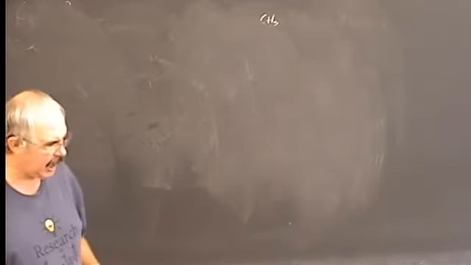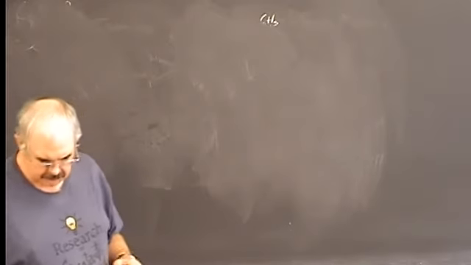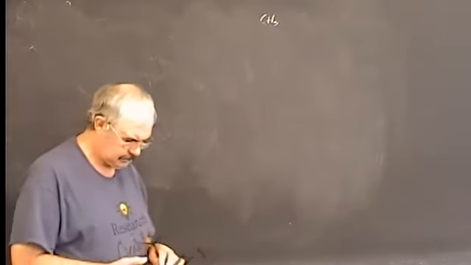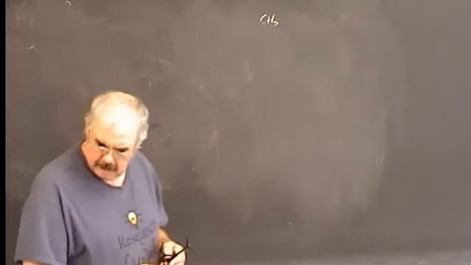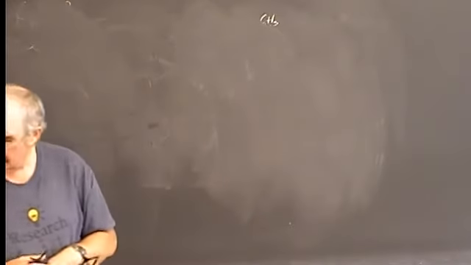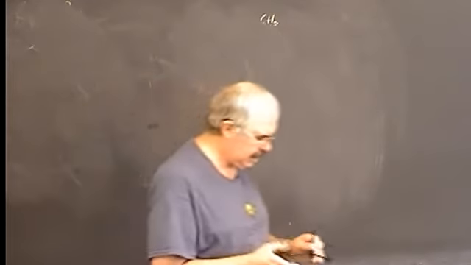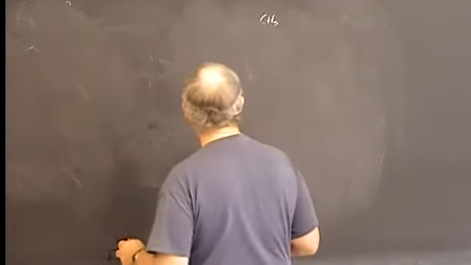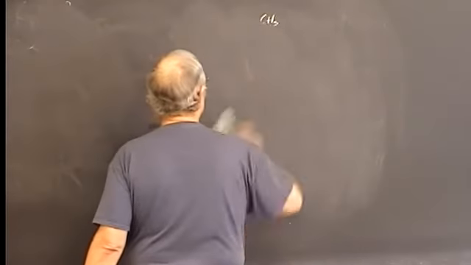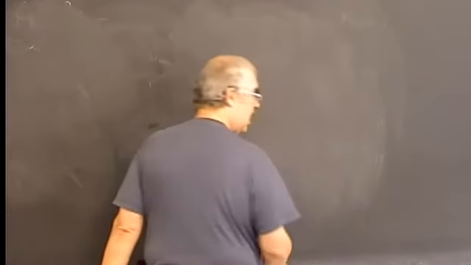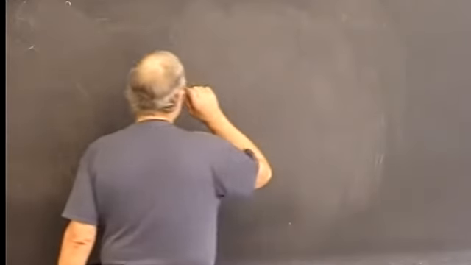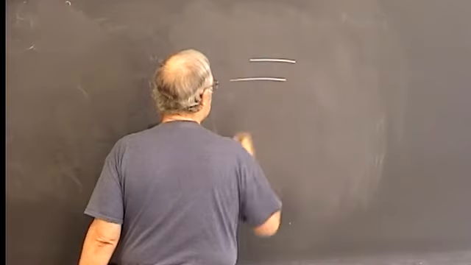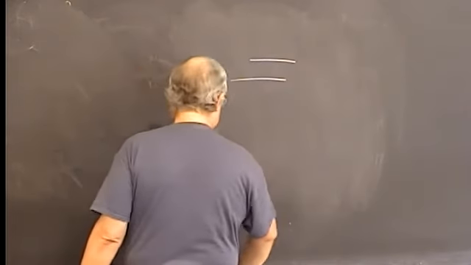Next we're going to look at cyclohexane chairs. And the first one I'm going to show you is 1,3-dimethyl cyclohexane. We're still talking about conformations. So to draw a chair, draw two offset parallel lines.